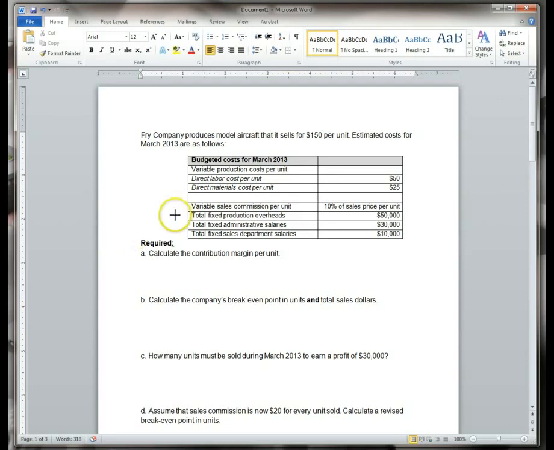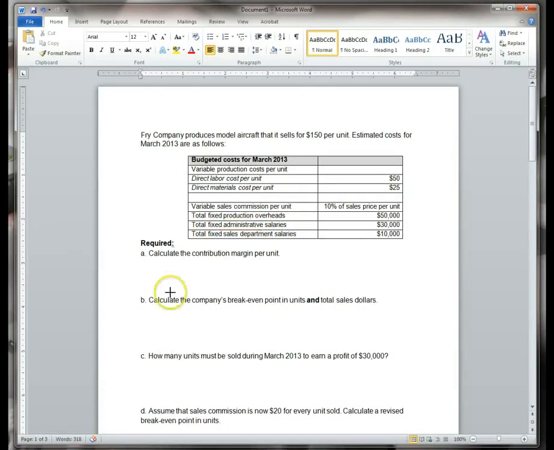Okay, a couple more line items here in this table. We have total fixed production overhead. Now these are total, where these up here are per unit. So make sure you keep those straight, otherwise you get really odd numbers. So you've got total fixed production overhead, total fixed administrative salaries. If you remember from chapter 1, we have production and we have administrative.